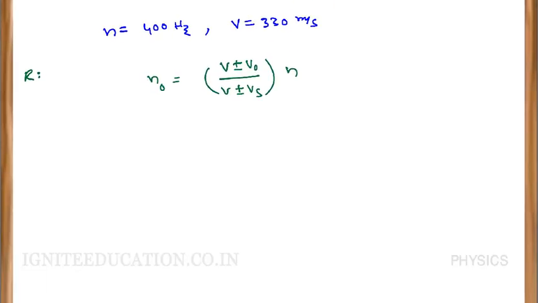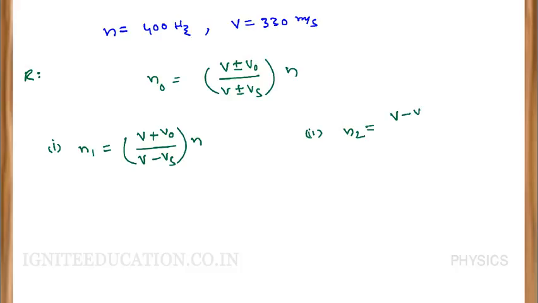So in the first case the two trucks are approaching, so n1 is equal to (v plus Vo) divided by (v minus Vs) into n. In the second case, n2 is equal to (v minus Vo) by (v plus Vs) into n.